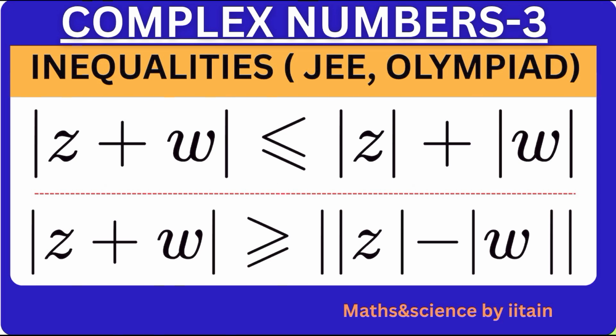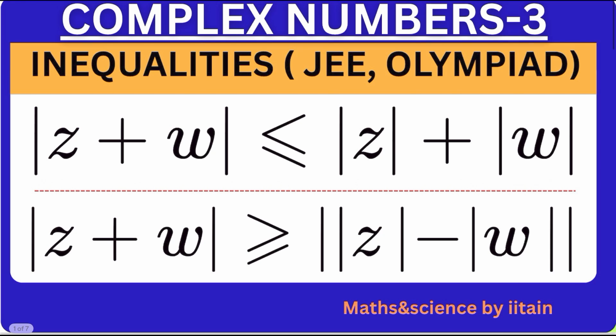Two inequalities we will be defining in this lecture. First inequality: one complex number is Z, let us say, another is W. These are in the complex plane. The modulus of Z plus W is less than or equal to modulus of Z plus modulus of W. That is the first inequality we are going to discuss.